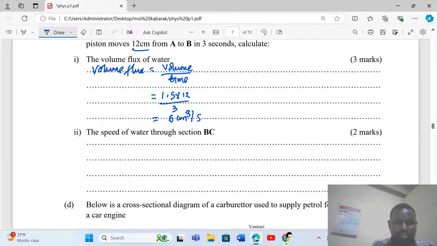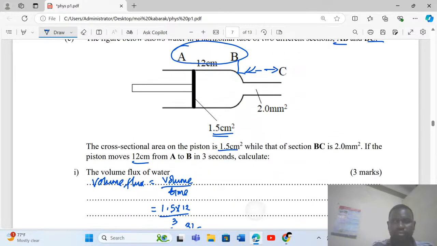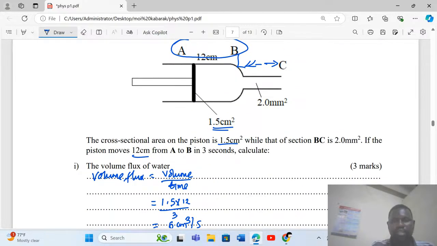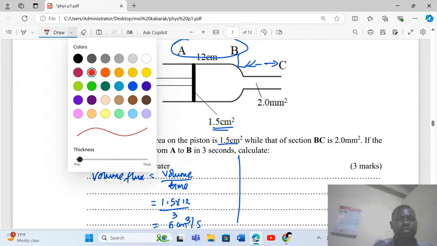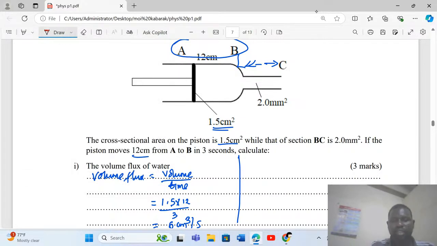Then now you are asked about the speed of water through section B. Before we move to that, we must calculate the velocity in A. Then for us to get the velocity in A, V1 will be given by the volume flux by the distance over T, which will be 12 centimeters divided by 3.